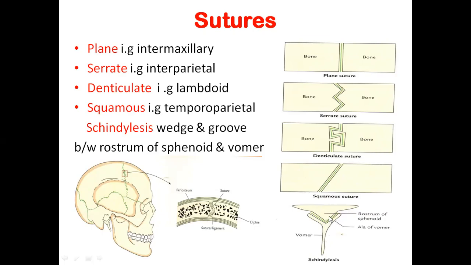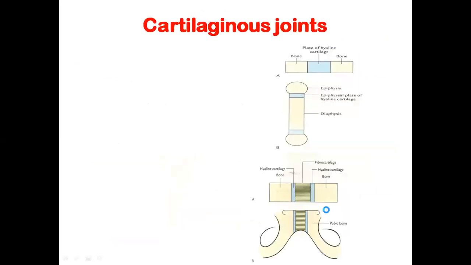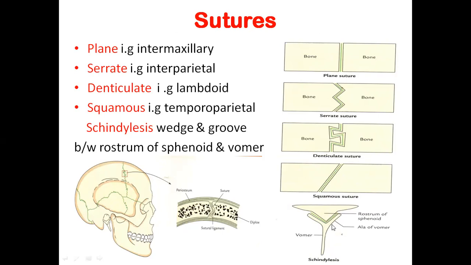So this type of joint is called the scandilosis, and this is present in the skull bones, in which the rostrum of the sphenoid, that is a wedge, and the groove of the vomer bone articulate. So this is called another type of sutural joint.